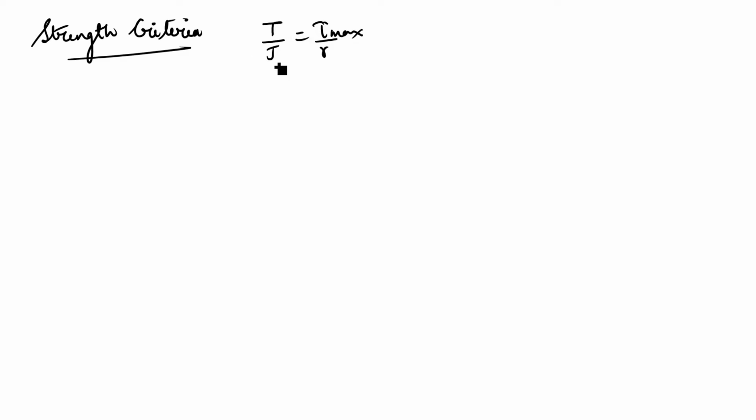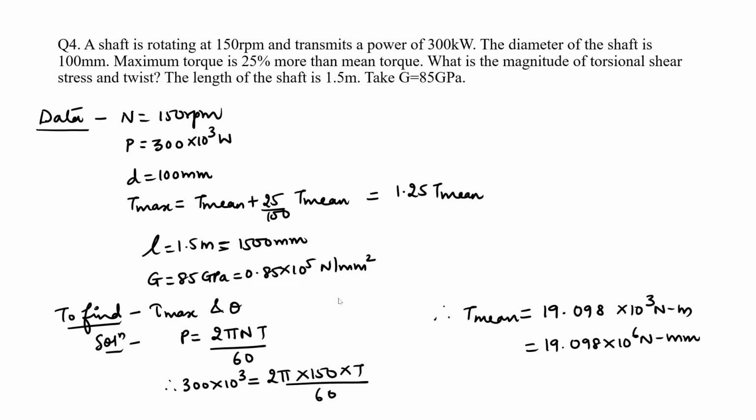So this is the place where I am going to substitute my T as T max. Here T max is 1.25 times T mean, and T mean is something that I have already calculated. So T max will be 1.25 into this value, which will be 23.873 into 10 raised to 6 Newton mm.